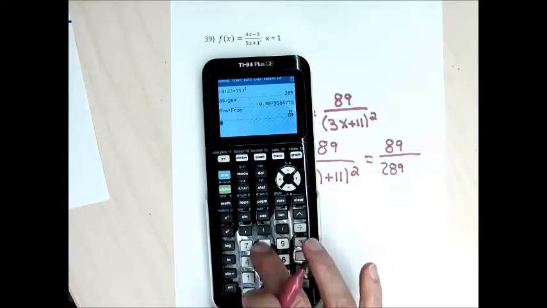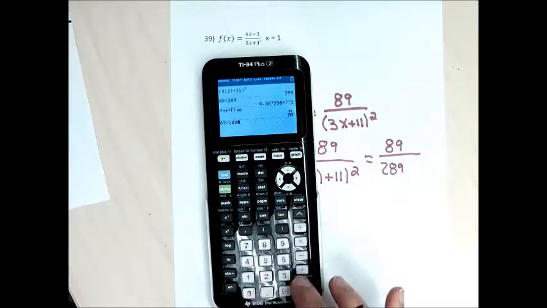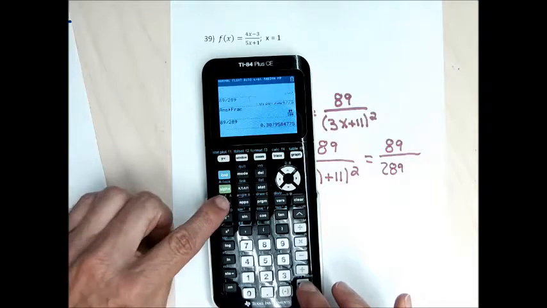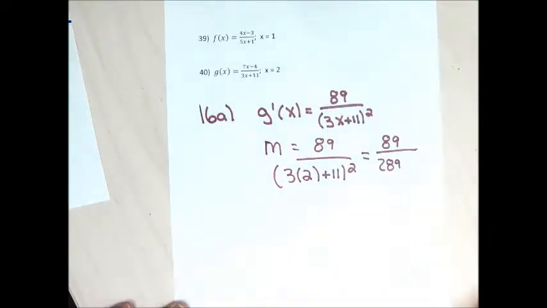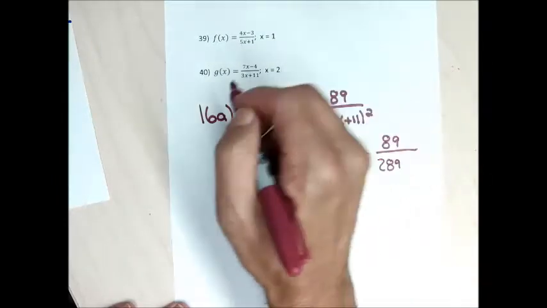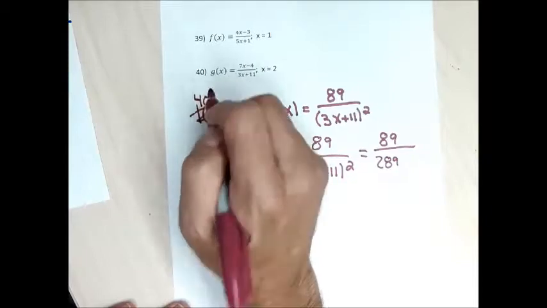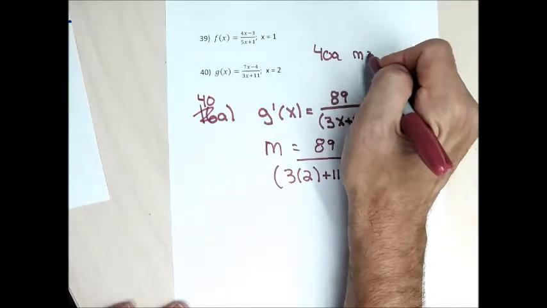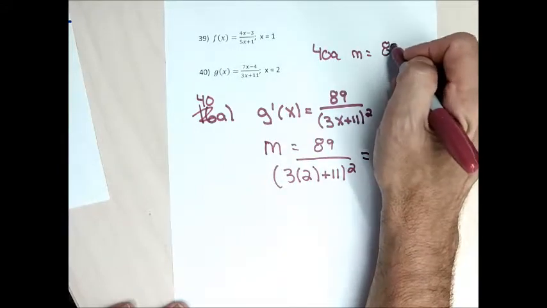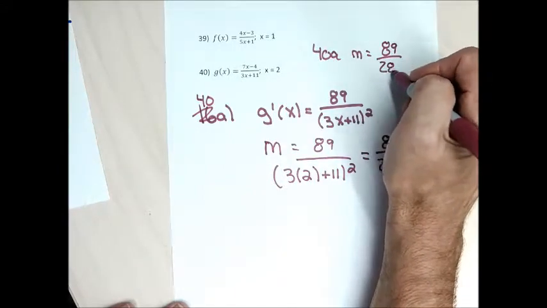What I did is I divided 89 by 289, got the decimal, hit my math button, and then enter twice, which showed me that the fraction doesn't reduce. So the answer to 40a, no longer 16, is m equals this ugly fraction, 89 over 289.